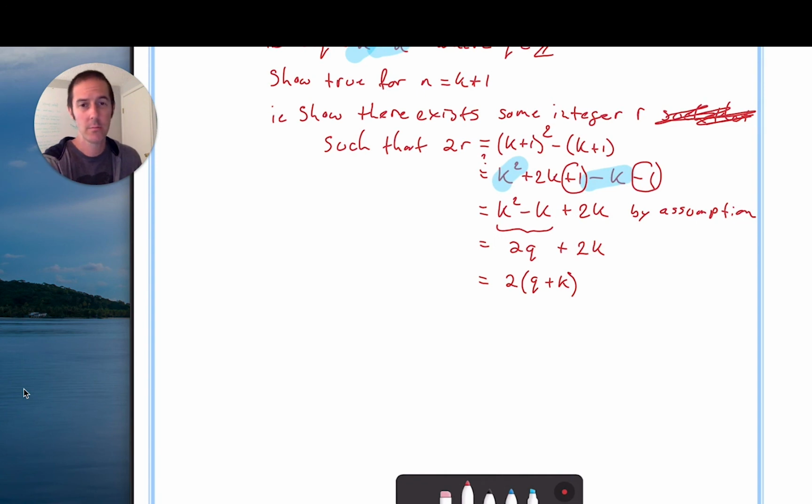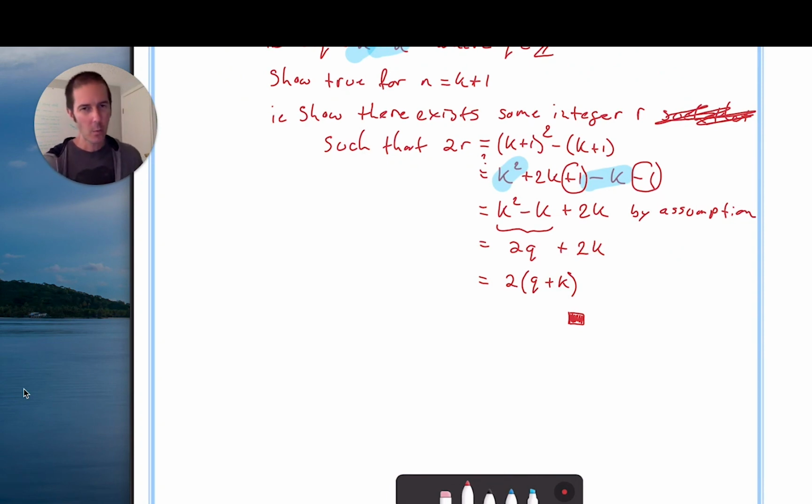I factored out a 2 from both of those terms. You're never going to believe what I'm going to do next. Well, maybe you will, maybe you won't. I put my shaded in box.